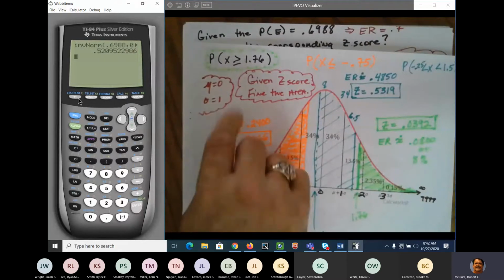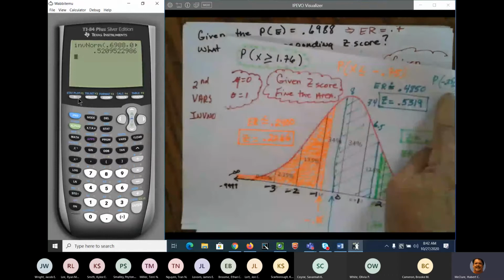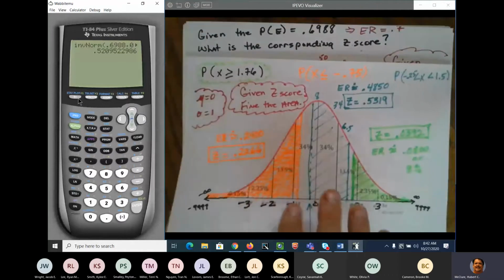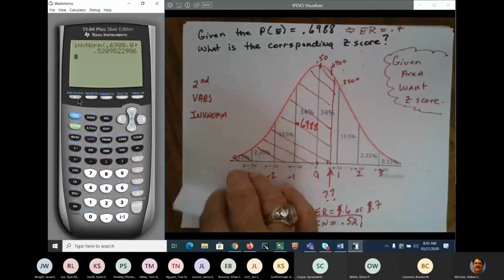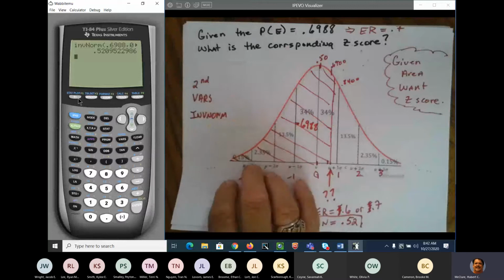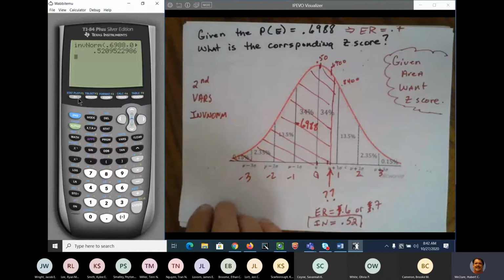They will ask greater than, less than, and between. The other type of question is, given a probability, percentage, or area, because it'll call them all three, what is the z-score? That's the second type of problem you'd have in chapter 7.